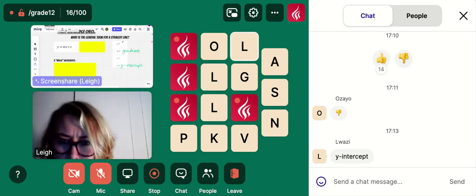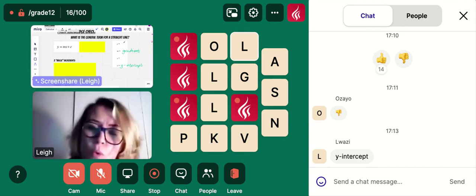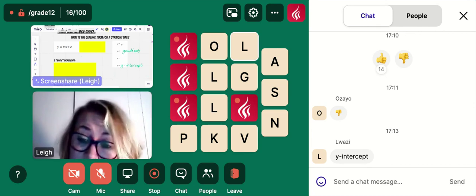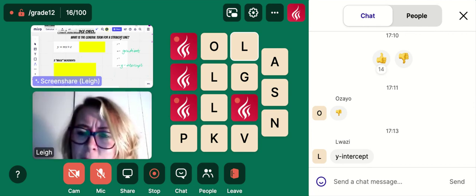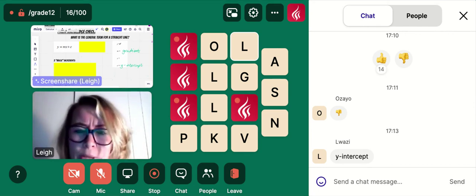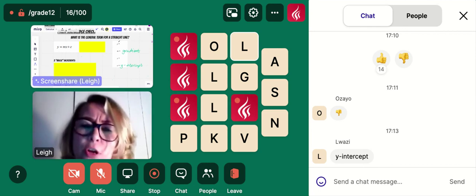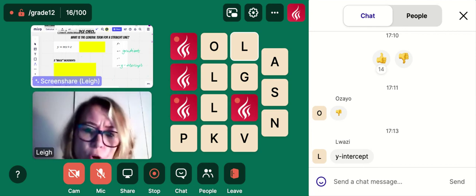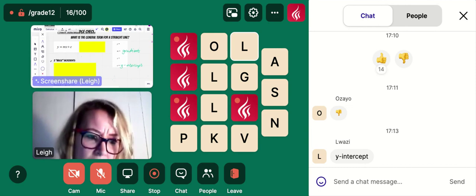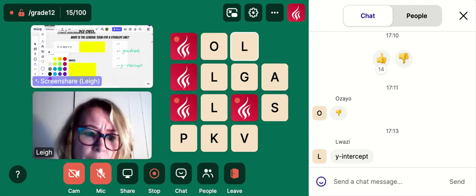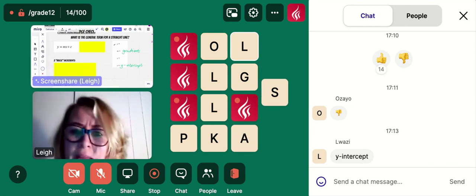Is it the y-intercept? Y is not the y-intercept, unfortunately. C represents the y-intercept. And this is actually a really important question, and I'm glad I asked it, Neo, because a lot of students really struggle with this. X and Y are the coordinate pairs of any point that lies on the line.